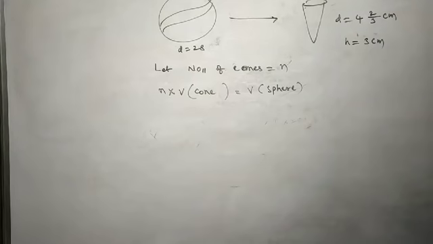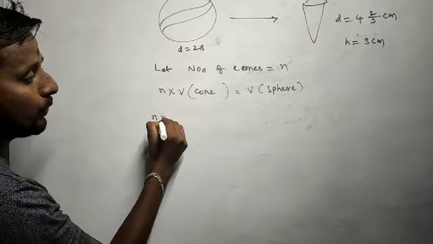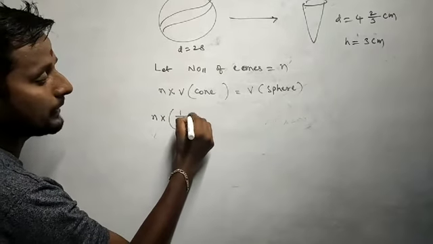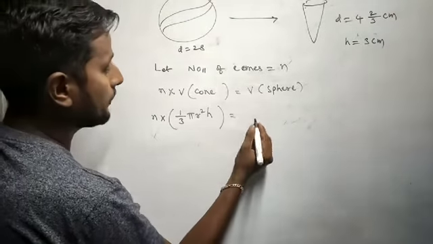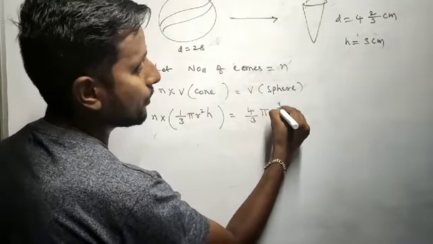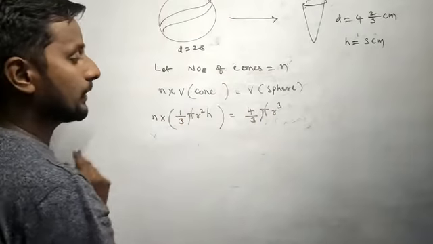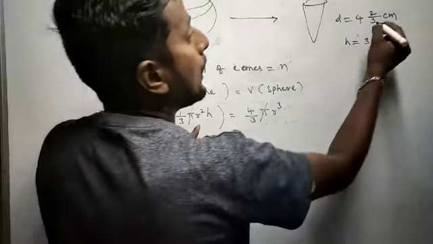Right. So n into the volume of the cone formula 1 by 3 pi r square h is equal to the volume of the sphere formula 4 by 3 pi r cube. Pi and pi get cancelled, and this r from the cone, correct? Look at it here.